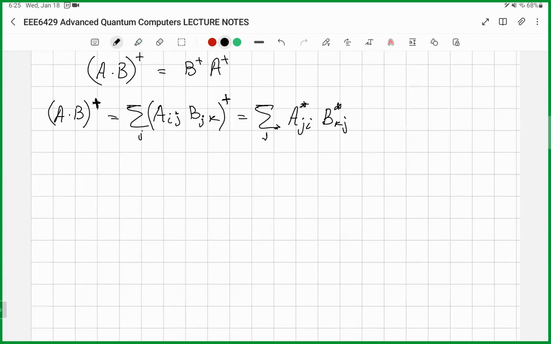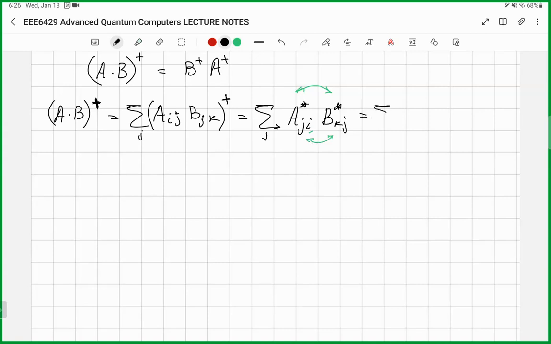But we already said that this is wrong, because J must be at the second place here, and here J must be the first index. So I have to exchange the position of these two.